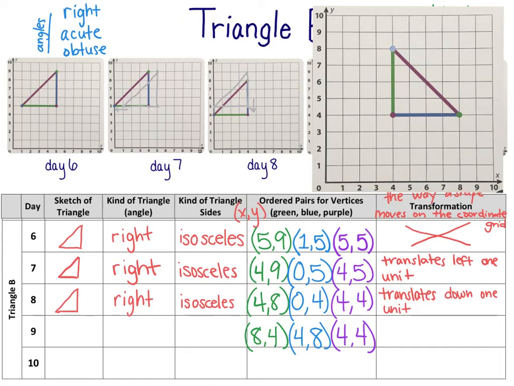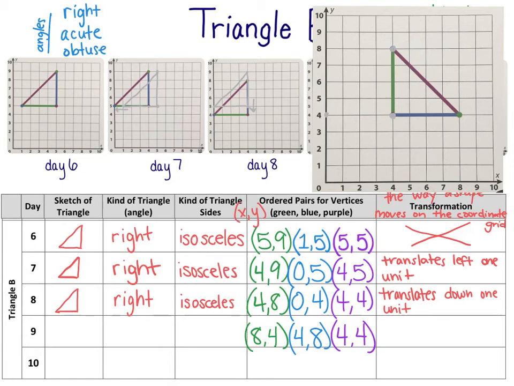Then we have 0, 4. 0 on the x-axis, 4 on the y-axis. Right here. And then our last point is 4, 4, which is the same place that the purple point is this time. 4 on the x-axis, 4 on the y-axis.